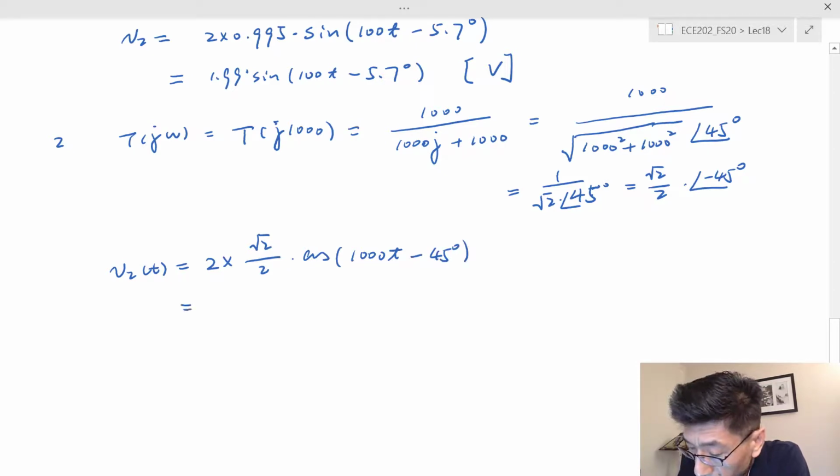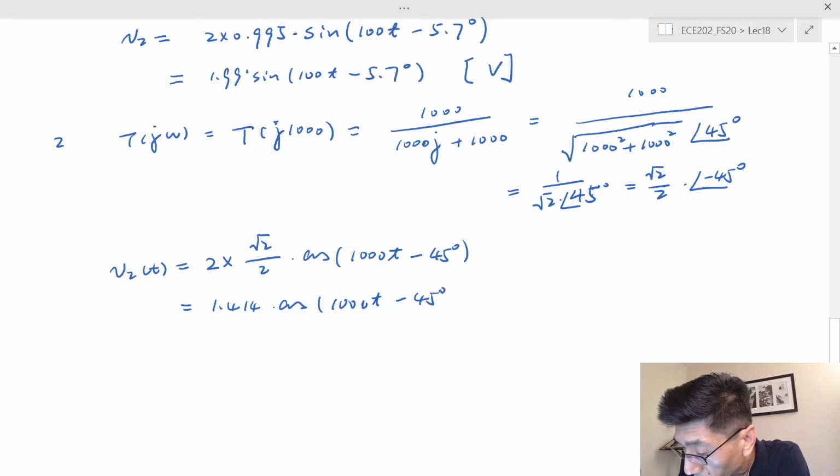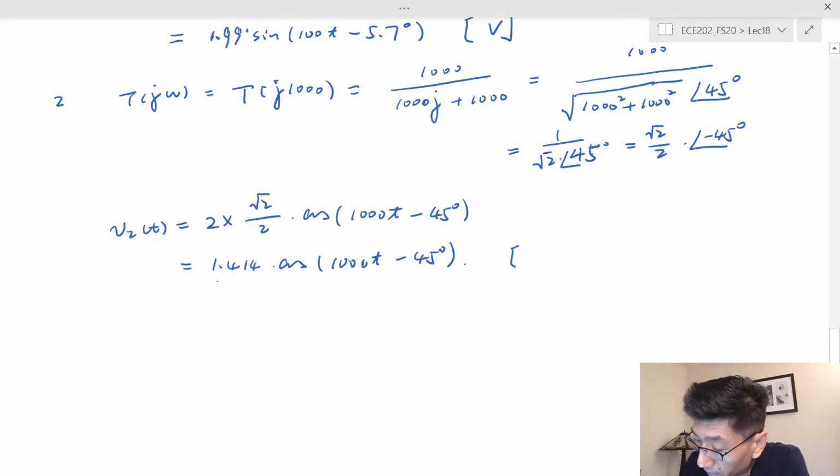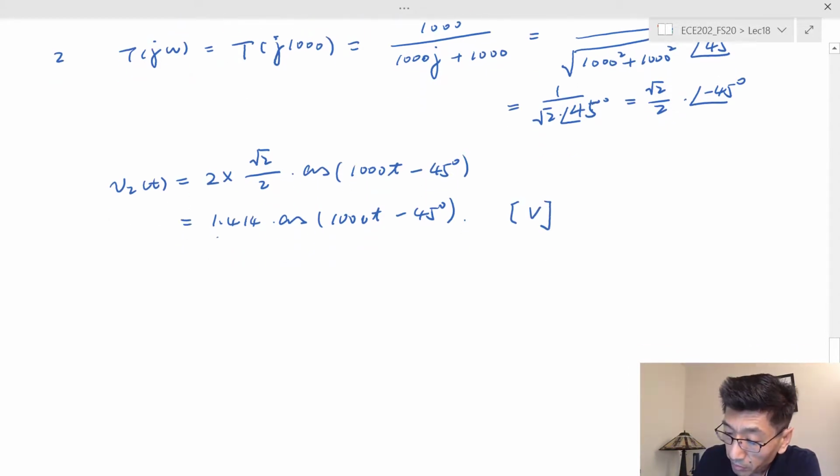So that is 1.414 times cosine of 1000t minus 45 degrees. We realize that at 100 radians per second we got 1.99, which is very close to the input magnitude, and now we got 1.414.